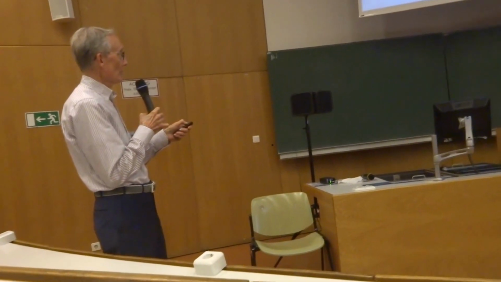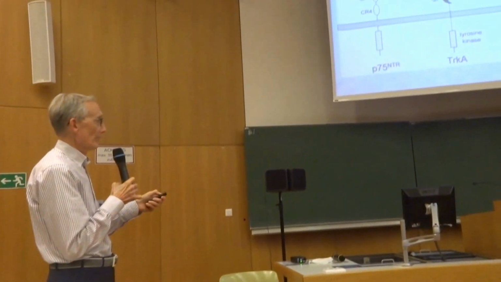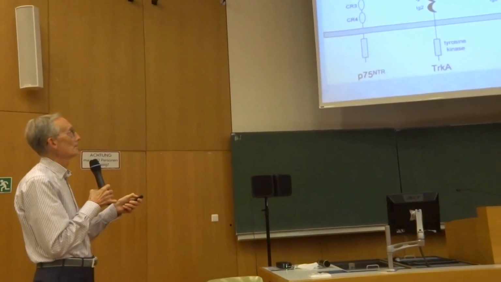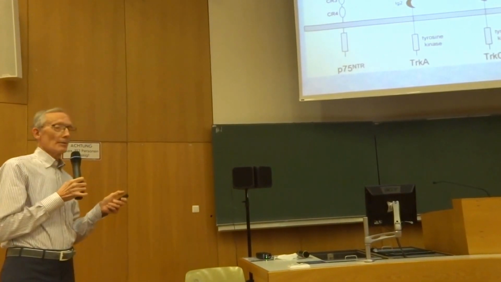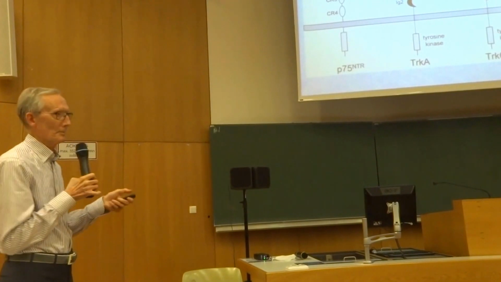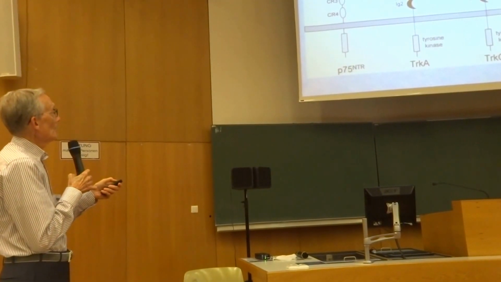So, as I mentioned, NGF is the prototype of this family of neurotrophins. Later, people discovered BDNF, brain-derived neurotrophic factor, neurotrophin 3, neurotrophin 4. NT4/5 is the human analog of NT4. There's also NT6 in fish, which we won't talk about.